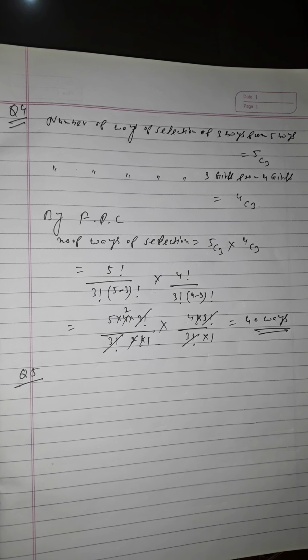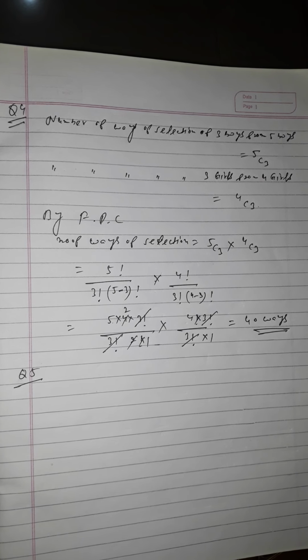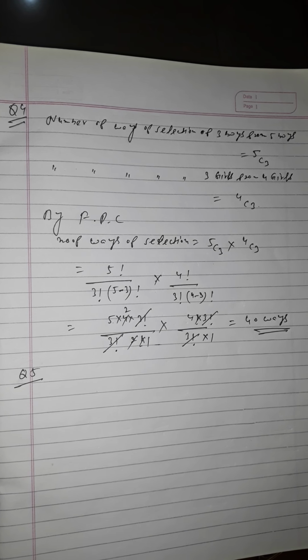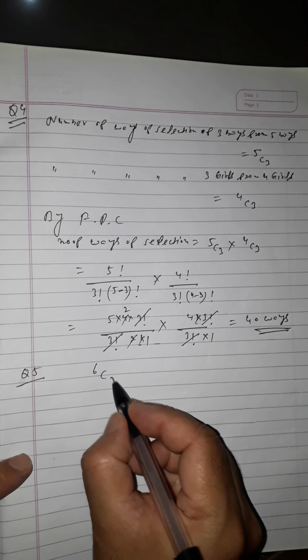In question number 5, find out the number of ways of selecting 9 balls from 6 red balls, 5 white balls and 5 blue balls if each selection consists of 3 balls of each color. Now students, from the 6 red balls we have to select 3 balls, right?